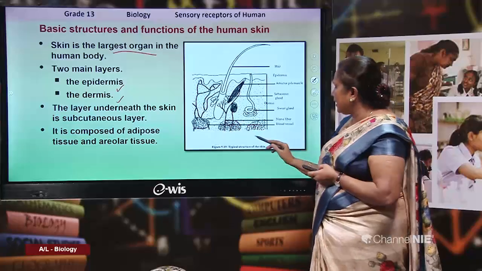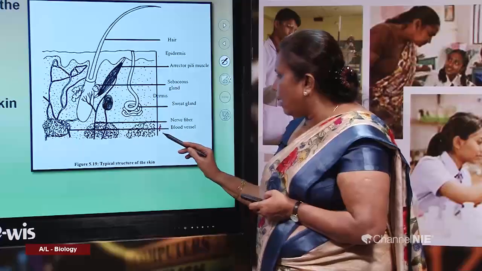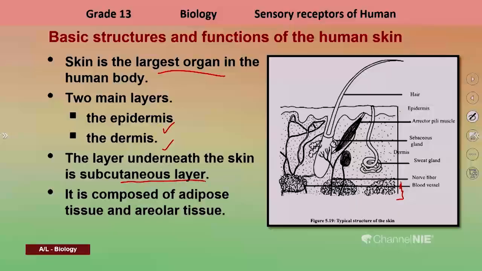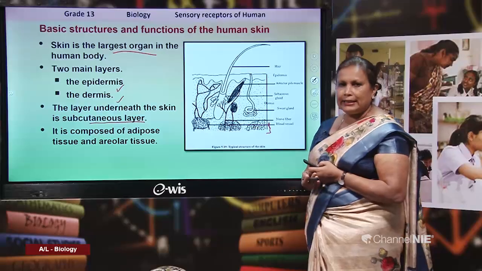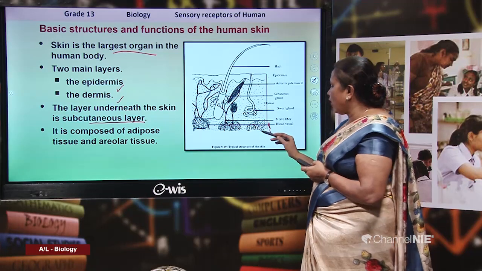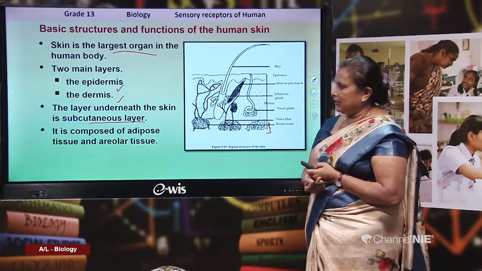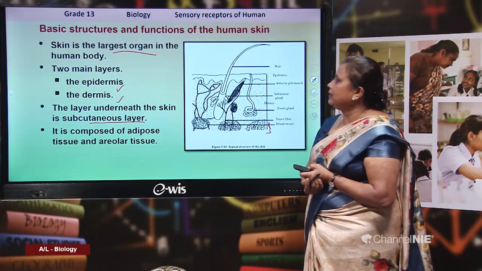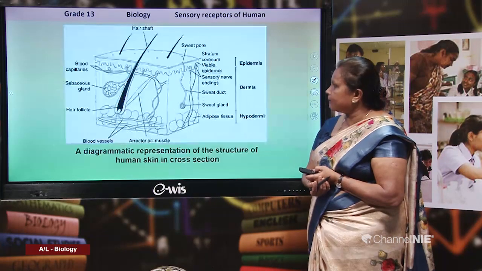Below the dermis, there is another area called the subcutaneous layer, which contains fat tissue and adipose tissue. Both are connective tissues found below the dermis. These are the major parts in human skin.